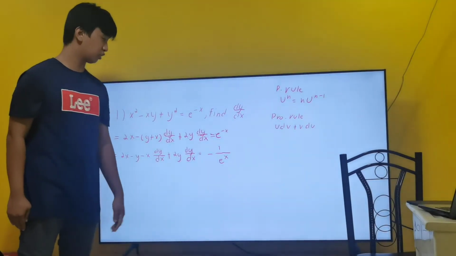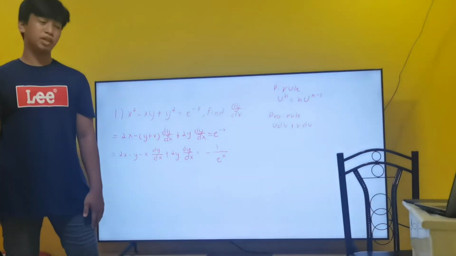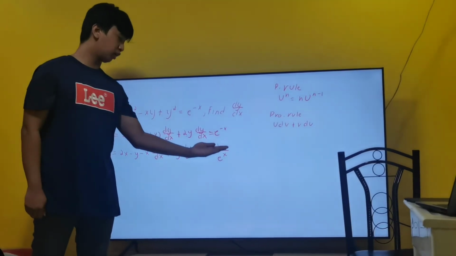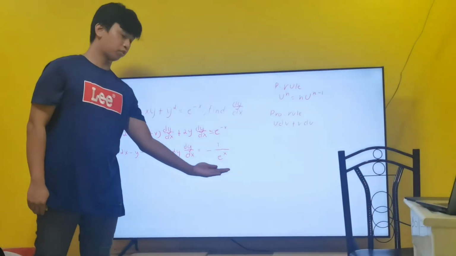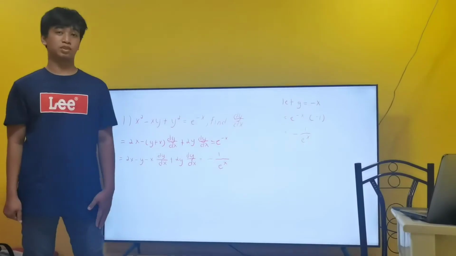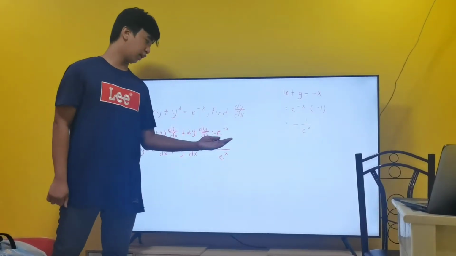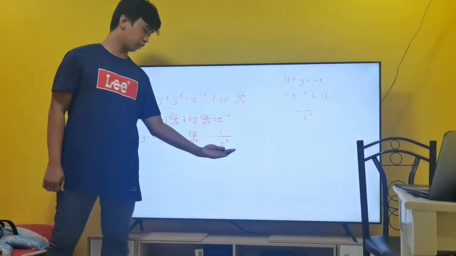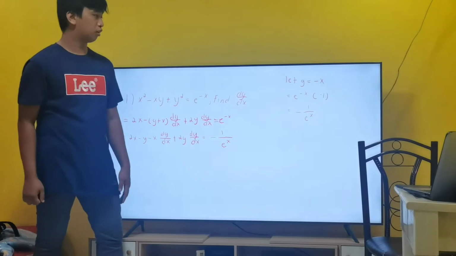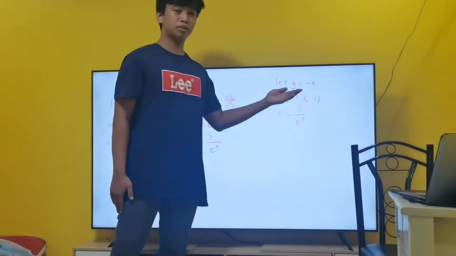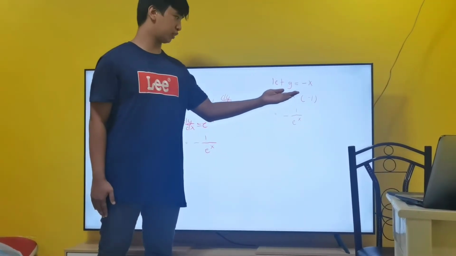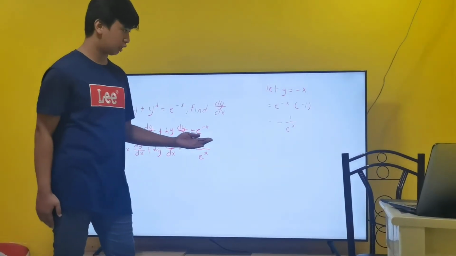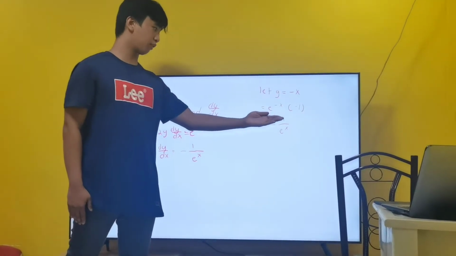Now, let me ask you guys how e raised to the power of negative x becomes negative 1 over e raised to the power of x. Let me enlighten you. First step, we need to let g equal negative x, then copy e raised to the power of negative x.